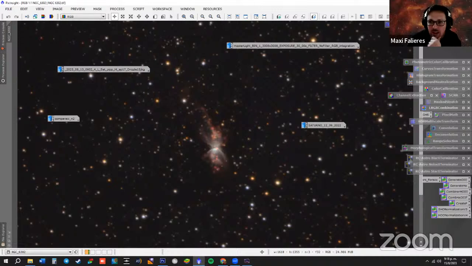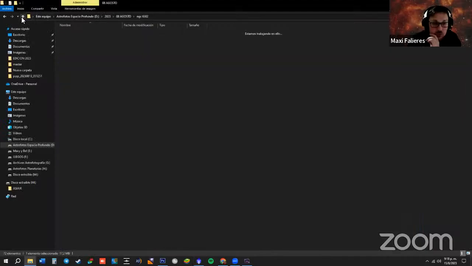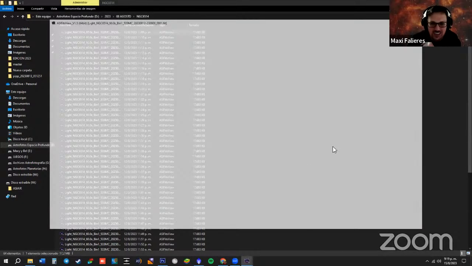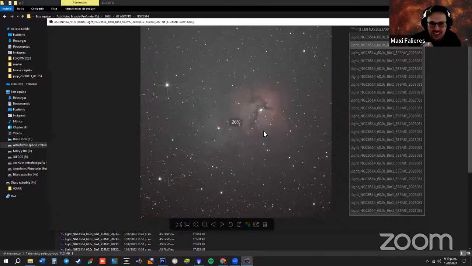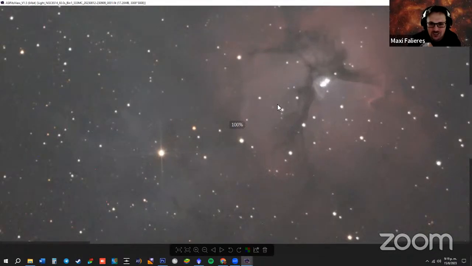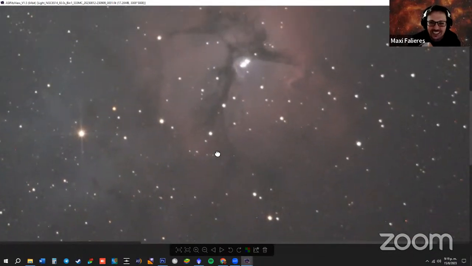So then I went to the Trifid Nebula, but I didn't stack it. But anyway, I want to show you only a 60 second exposure, and you can see the field of view that I got here. This is 100% of the picture. It's incredible.